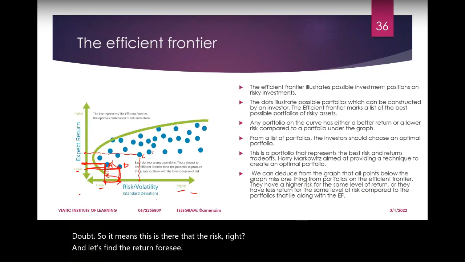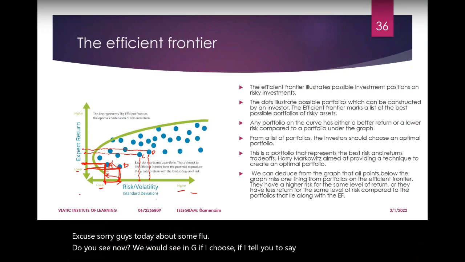Let's compare it with D here. The return for D. Sorry guys, today I got some flu. Do you see now we've got C and D? If I tell you to say which one do you choose, what are you going to say, guys?